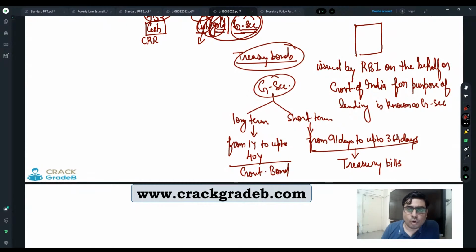Here the RBI is going to publicly tell the government, no, this is excessive borrowing, and it is very difficult to manage.